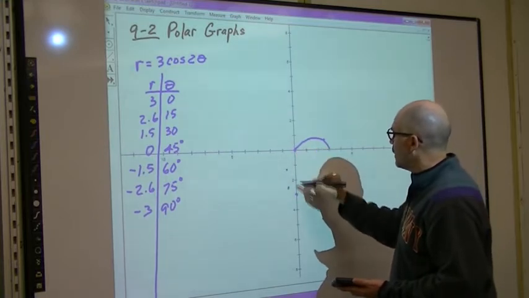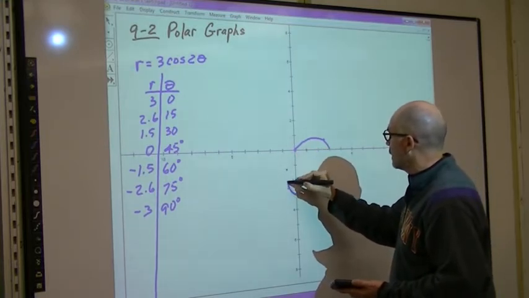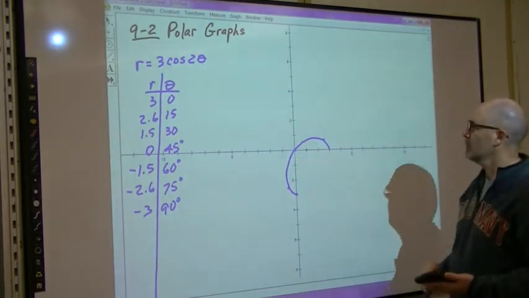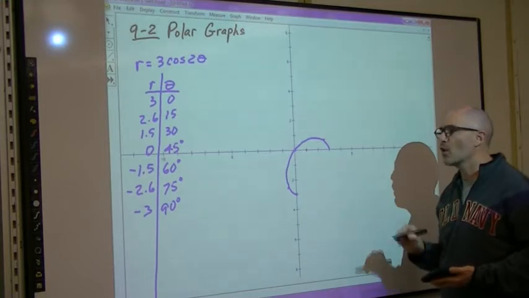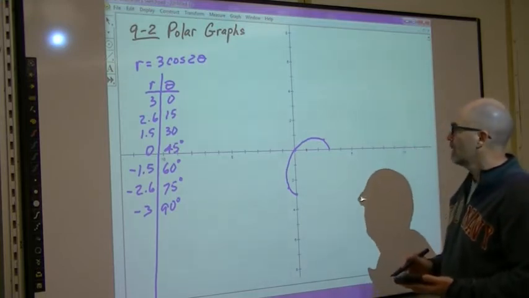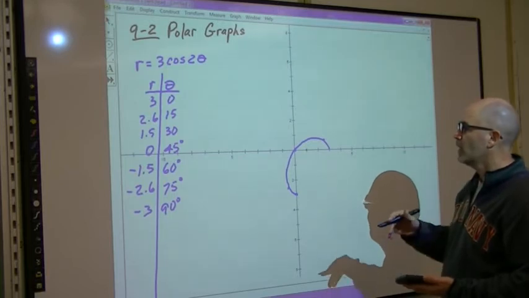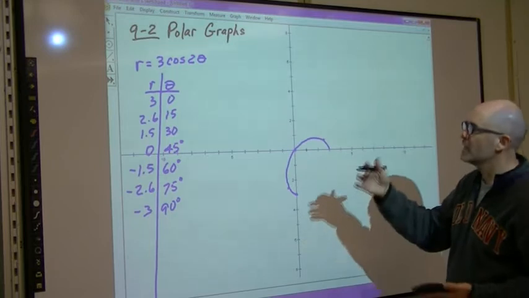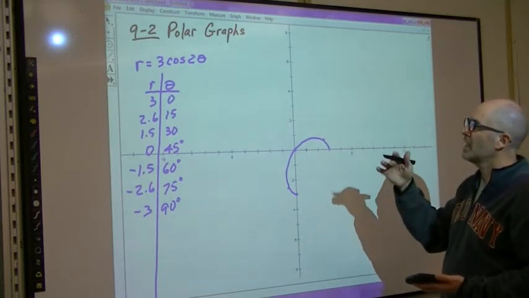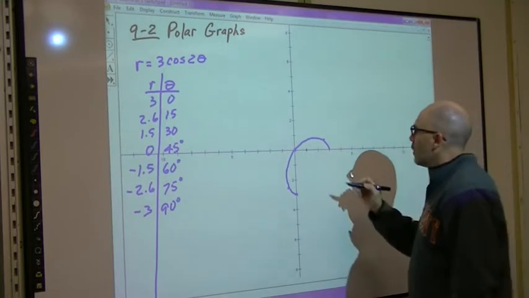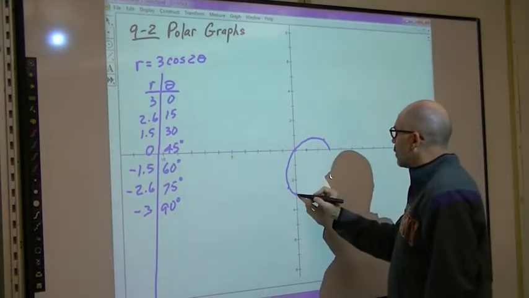Okay, so now we've got the curve that looks like this. Looking kind of strange, but we're on target. So next, I'm going to try 105. 2 times 105 is 210. Cosine of 210 is negative square root of 3 over 2 times 3. Basically what we're going to see is it's going to go like this.